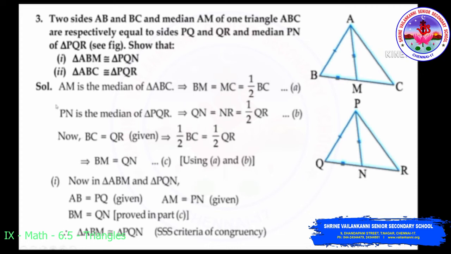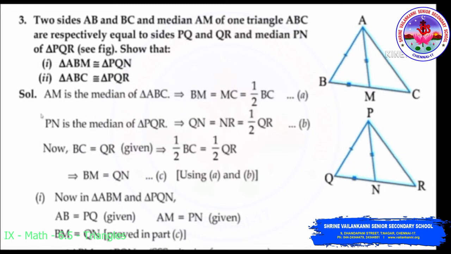Show that triangle ABM is congruent to triangle PQN. And in the second case, we need to prove that the full triangle ABC is congruent to triangle PQR.